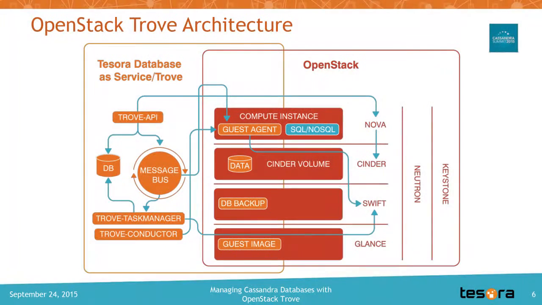Other questions? OK, so the crux of this entire architecture is that on a per database basis or a per data store basis, MySQL, Cassandra, what have you, there is some custom code which is implemented in a guest agent.